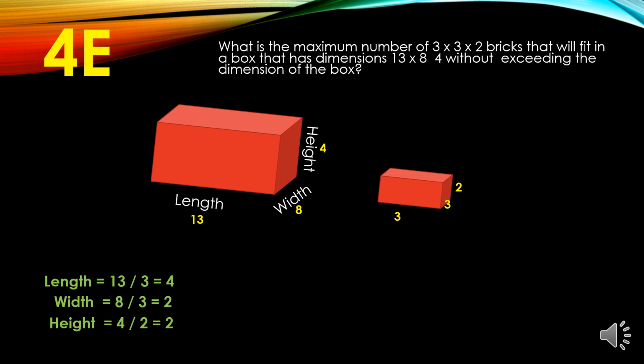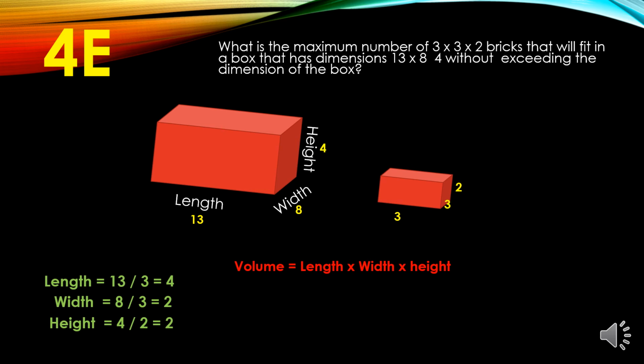So that's it. Now for length, width, and height, we will divide the size of the box by the length of a brick, the width of a brick, and the height of a brick. So we will now use the computation of the volume.